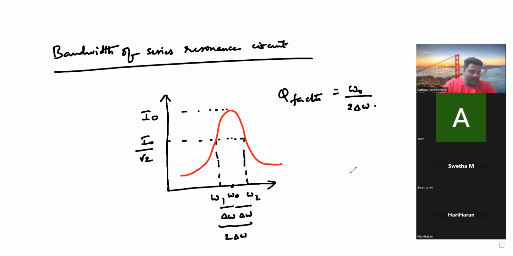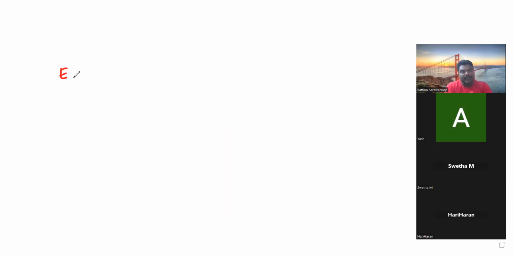Next, electromagnetic waves, only one simple graph is there.